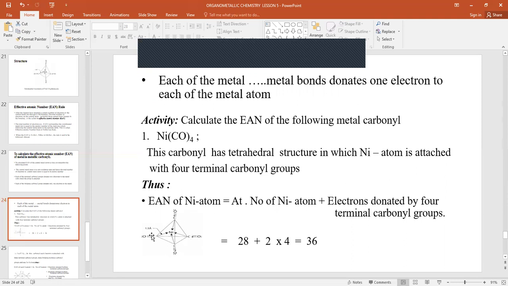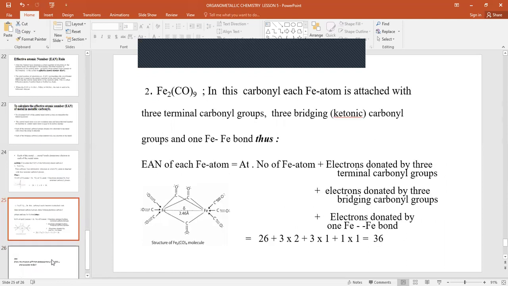And remember, each terminal carbonyl provides 2 electrons. So this is equal to 28 plus 2 times 4, since there are 4 terminal carbonyl groups, which is 8 plus 28. The answer is 36. Therefore, the rule is obeyed, since this is the atomic number of the inert gas.